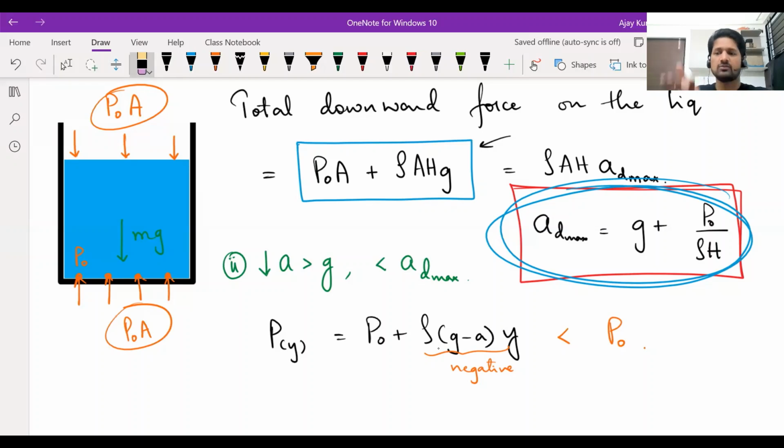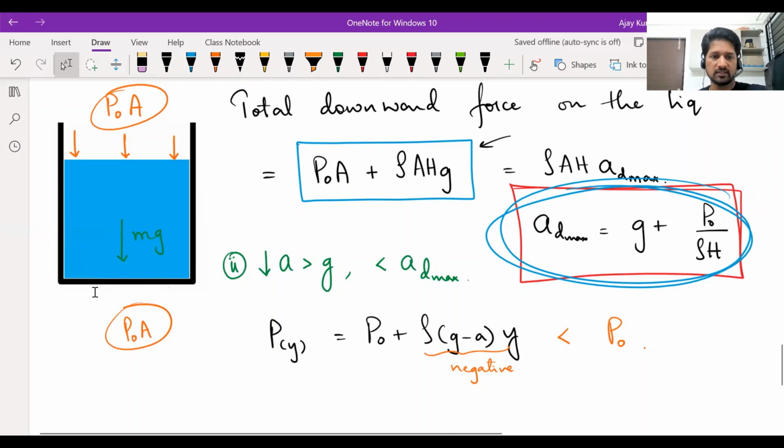Why? Because pseudo force will be acting in the upward direction if you take relative to the container, and pseudo force will be more than gravity this time. Because acceleration is more than g, ma will be more than mg. Pseudo force more than gravity, then pressure will increase in the upward direction, or you can say pressure decreases in the downward direction. Then in that case, the pressure on the base will not be equal to P naught. It will be less than P naught.